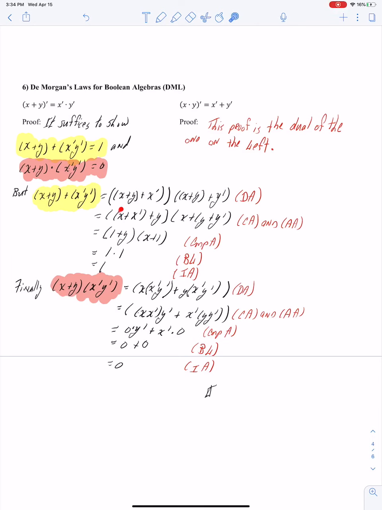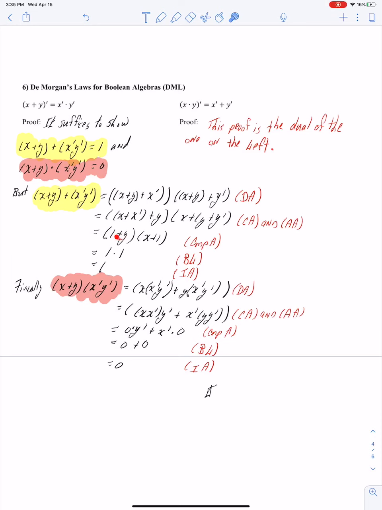Now, what is x plus x prime? Well, the complement axiom says x plus x prime is just 1. And y plus y prime is just 1. So I use the complement axiom to replace those with the value 1. And then what can I do? Well, the bound law says 1 add anything is just 1.